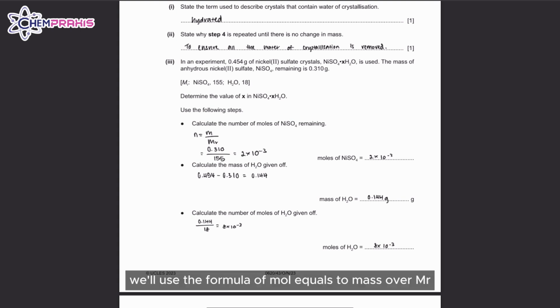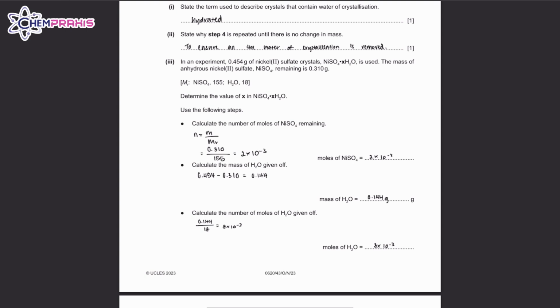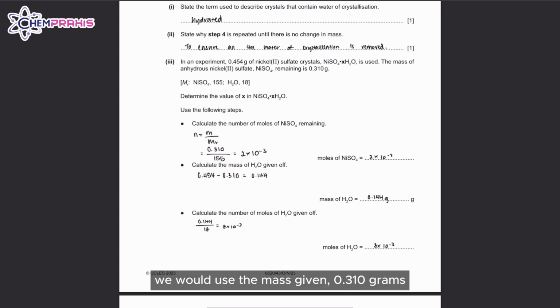To do this, we'll use the formula mole equals mass over Mr. Ensure that you're using the mass of the anhydrous nickel(II) sulfate instead of the nickel(II) sulfate crystals. So in this case, we would use the mass given, 0.310 grams, divided by the Mr given, 155. Your answer will be 2 times 10 to the power of negative 3.